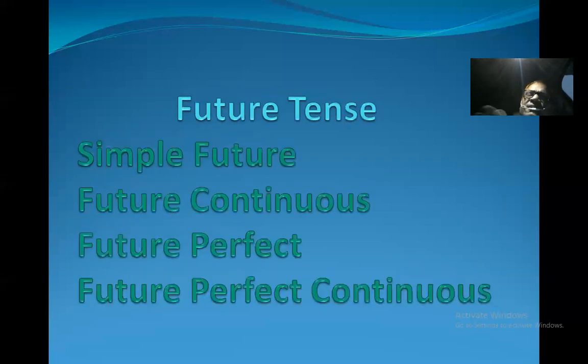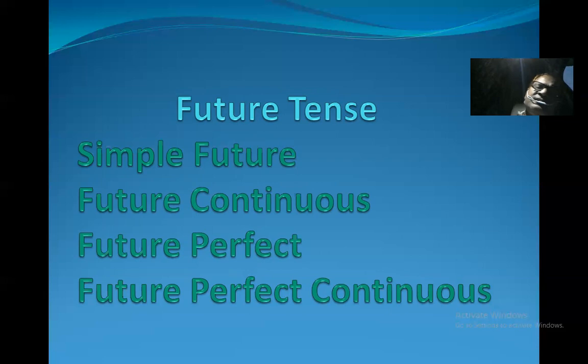And then coming to the third tense, future tense. Future tense is the tense which we use to denote an action which happens in the near future. Again, future tense is divided into four types: simple future, future continuous, future perfect, and future perfect continuous.